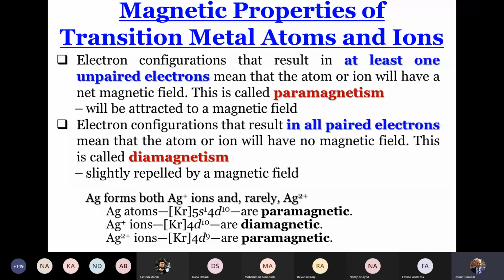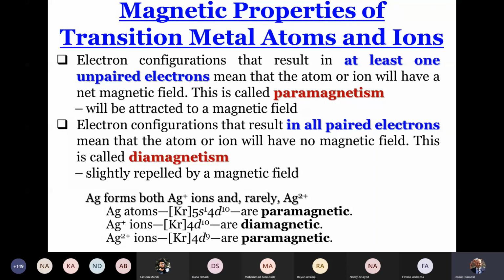Second, we studied the magnetic property of an atom. To study this magnetic property, we have to write the electronic configuration. In the electronic configuration, we can have more than one, but at least we need one single electron. If we have at least one single electron, we say that this element or this atom is paramagnetic.